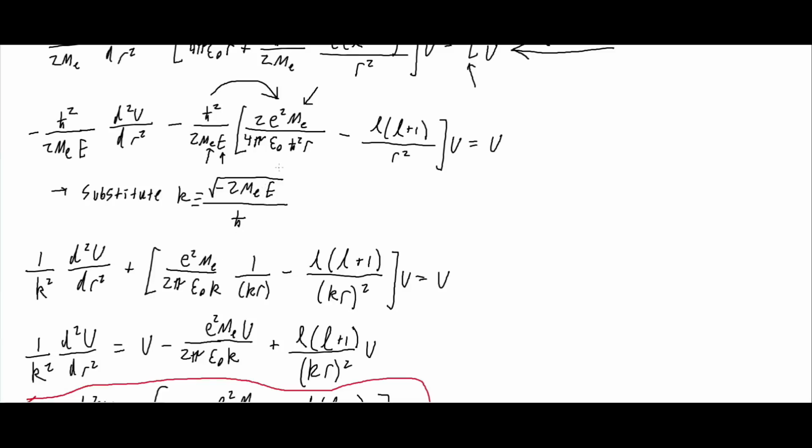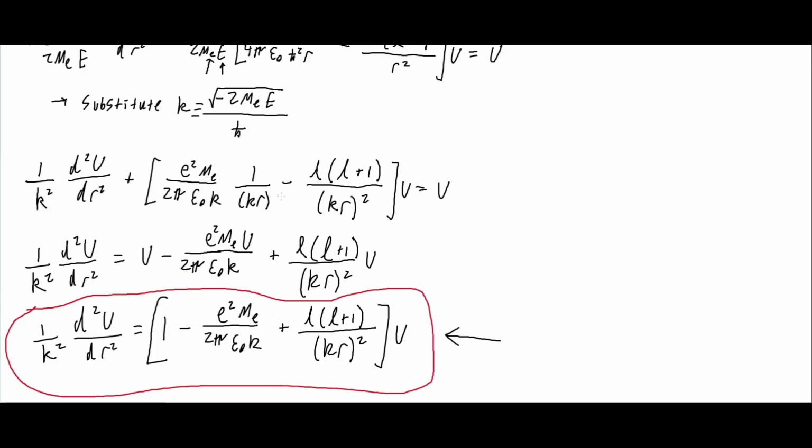What we had to do here in order to factor out was essentially have 2 times m_e over h bar, which is essentially 1 over k, and so we end up with this k down here.